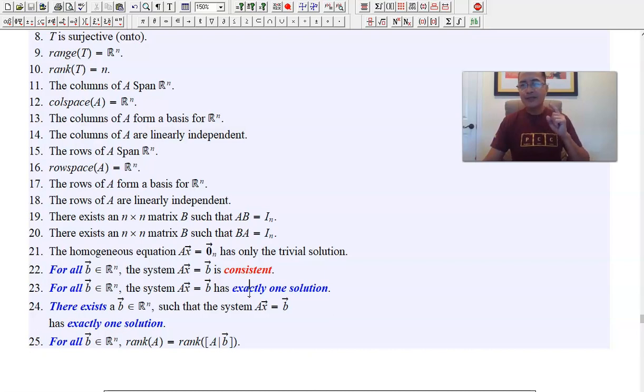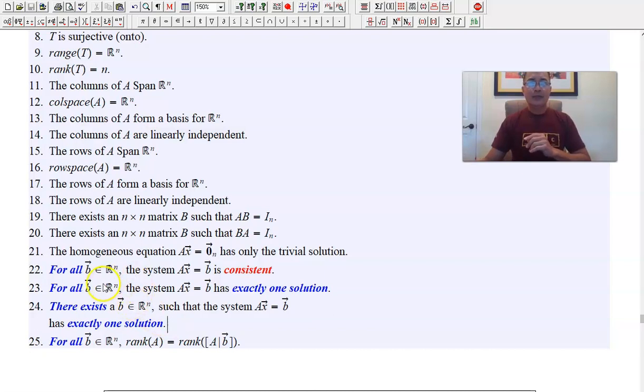So if you just heard what I said, you know that either 22 implies 23 or 23 implies 22. Which is which? 24 is probably the most mysterious of these 3 conditions. There exists a B in Rn such that the system AX equals B has exactly one solution. Okay, so this is quite different.